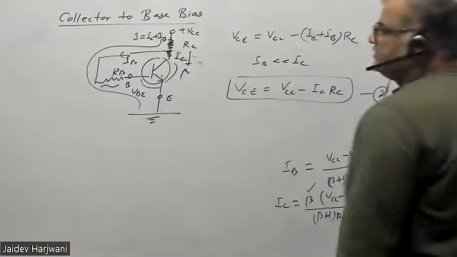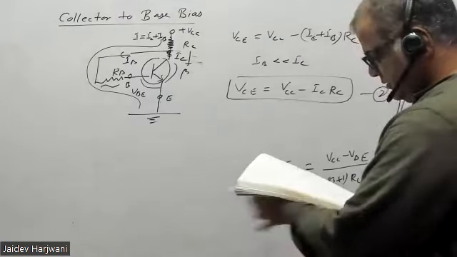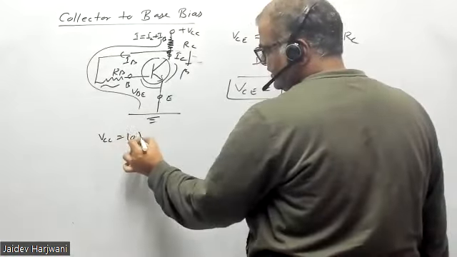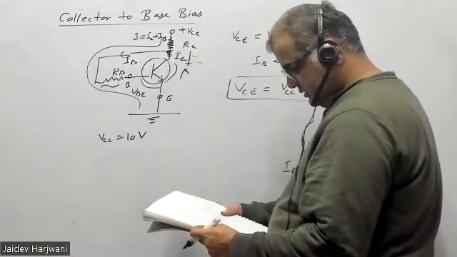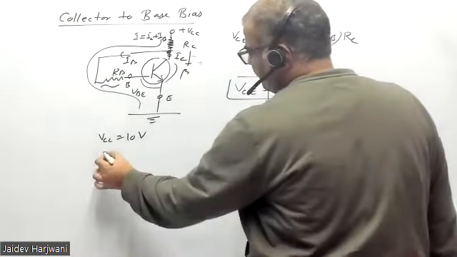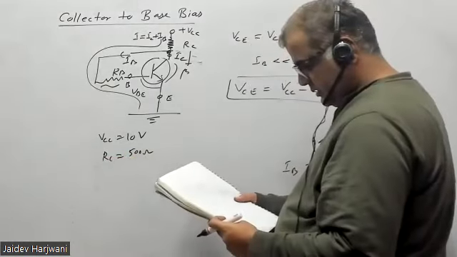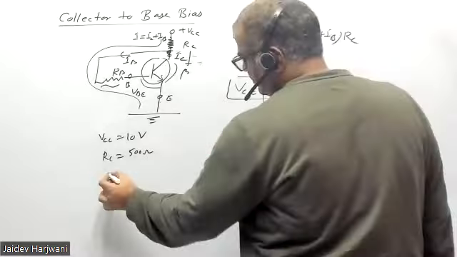Calculation in transistor is very simple. VCC is given 10 volt, RC is given 500 ohm, and RB is given 500 kilo ohm.